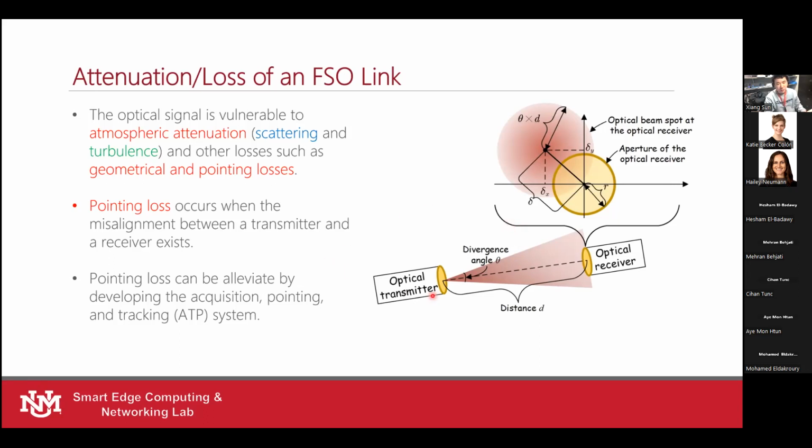I will provide a more detailed design for these ATP systems later on. But one thing you need to know is that even if we have the ATP system, we can only mitigate but not avoid the pointing loss, because the ATP system design itself would have some mechanical errors.